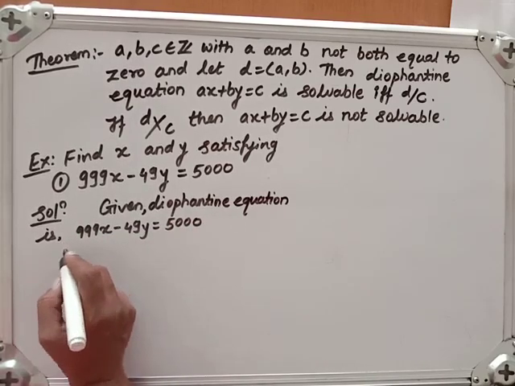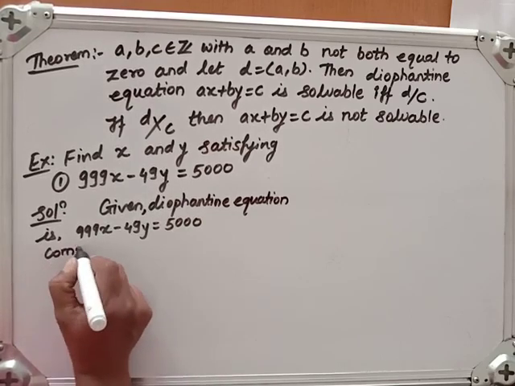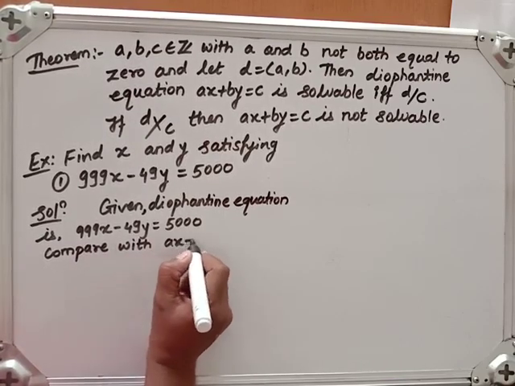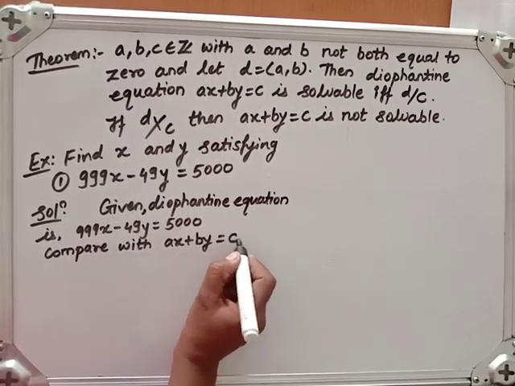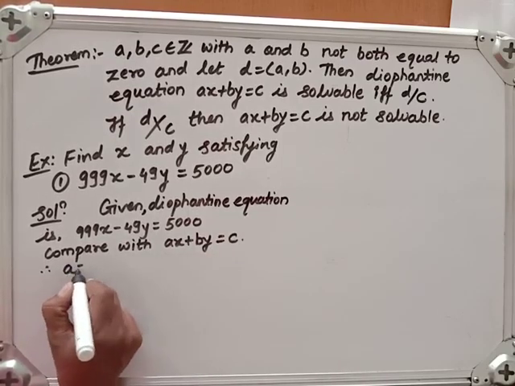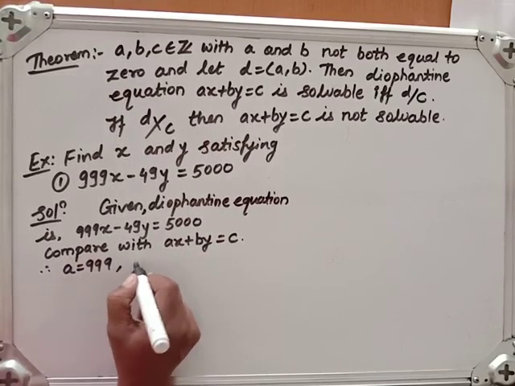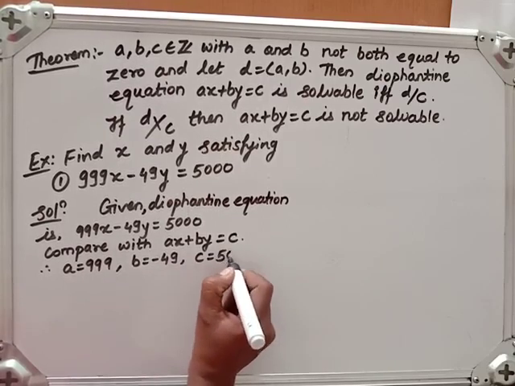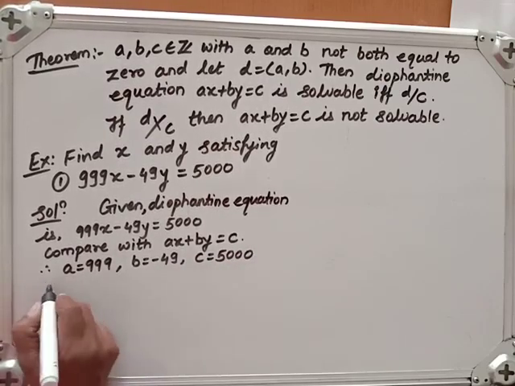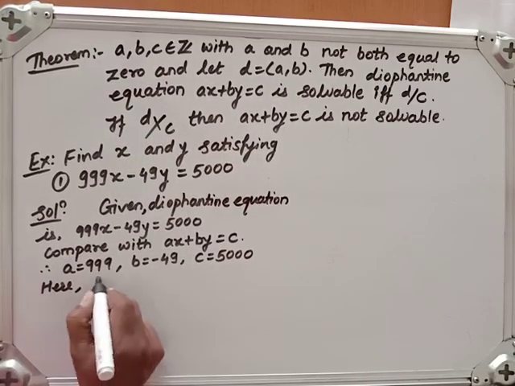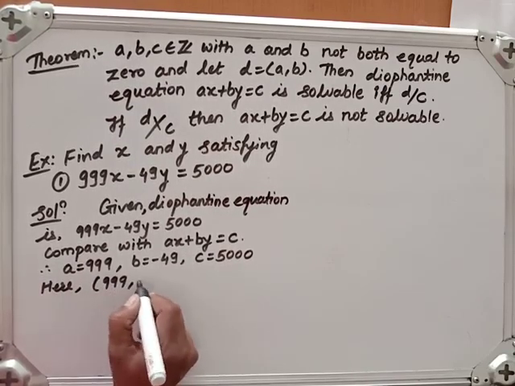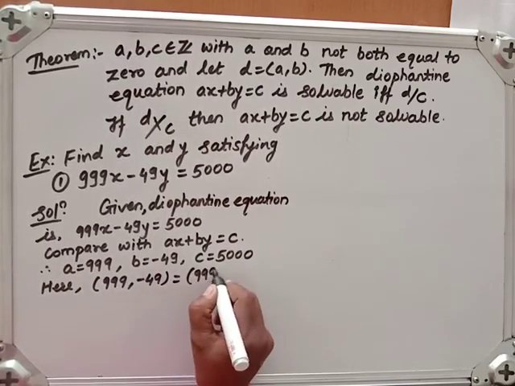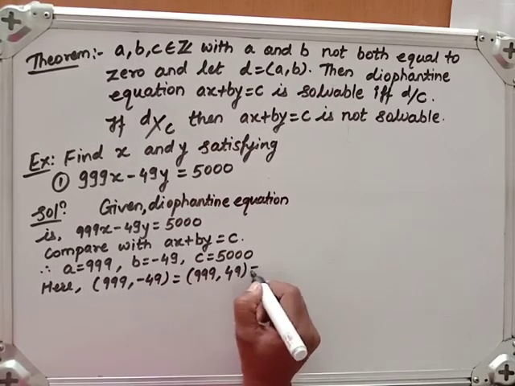Compare with Ax plus By equal to C. Therefore, A is equal to 999, B is equal to minus 49 and C equal to 5000. Here GCD of 999 and minus 49 is same as GCD of 999 and 49, and that is 1.